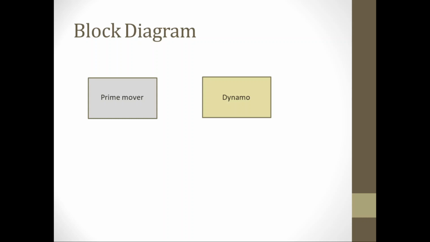The purpose of the prime mover is to produce mechanical energy, which is used to rotate the armature conductors in a DC generator.